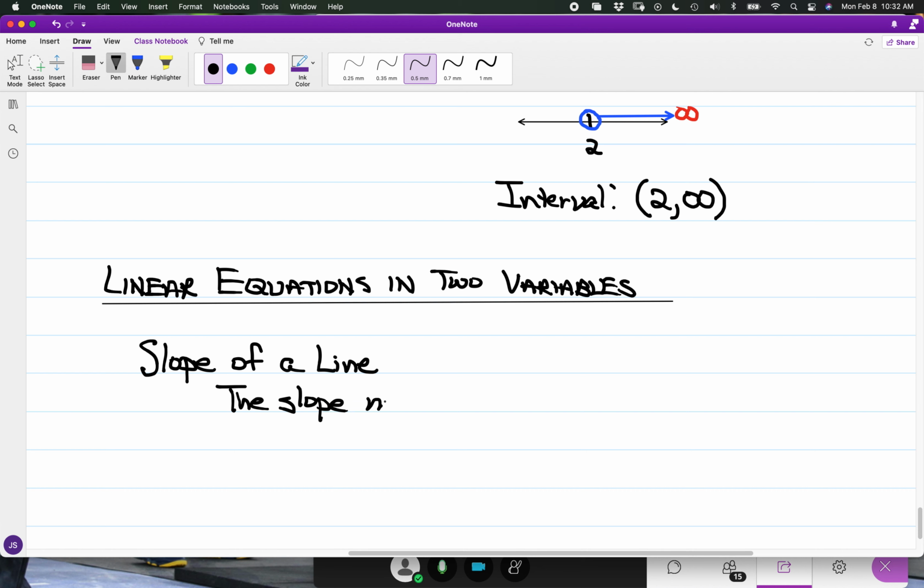Say the slope m of a line that passes through 2 points.